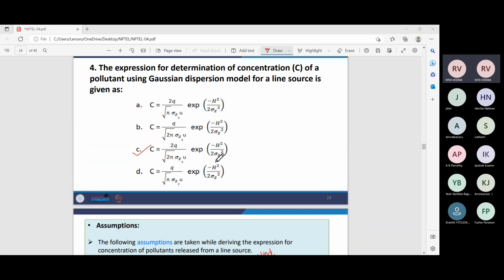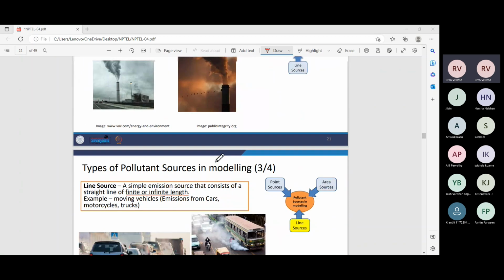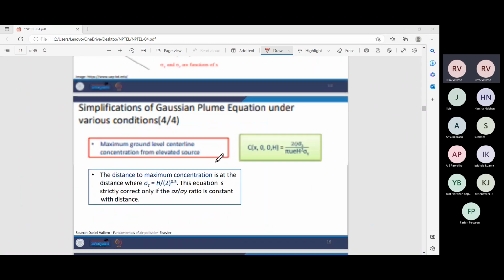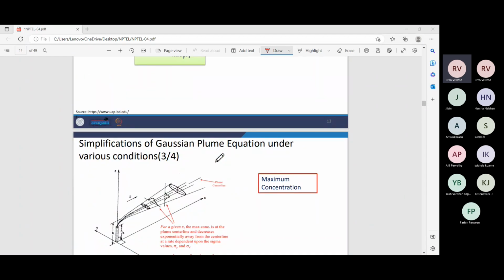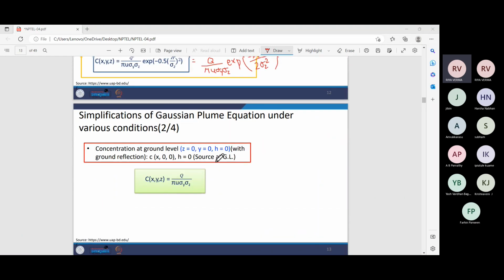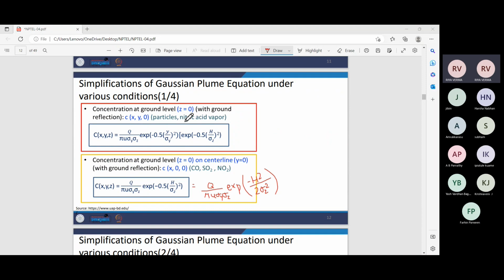If you are going along the center line of the plume, now we have derived this equation as well. This is the concentration at the ground level, z is 0, and on the center line y is also 0.